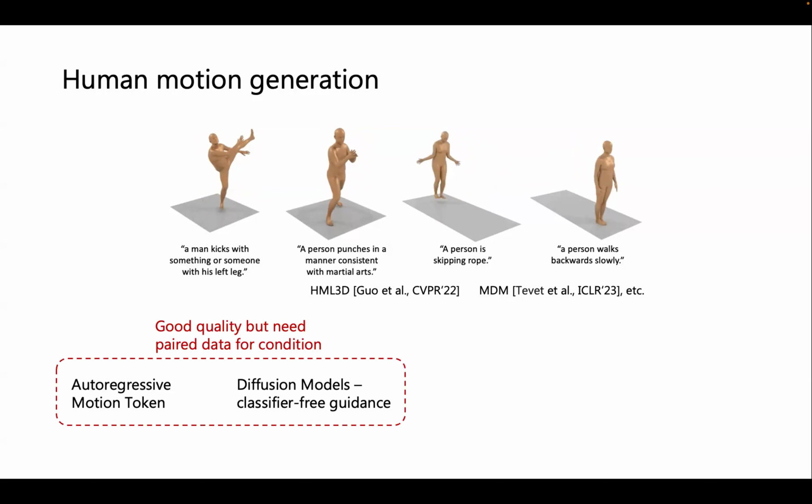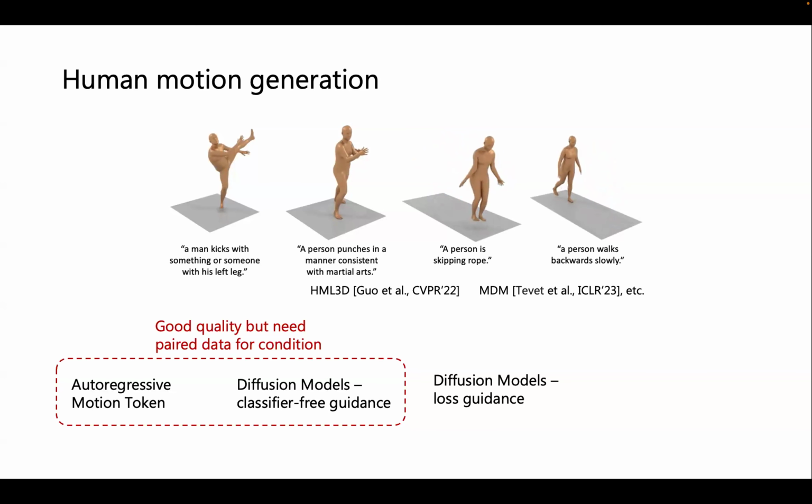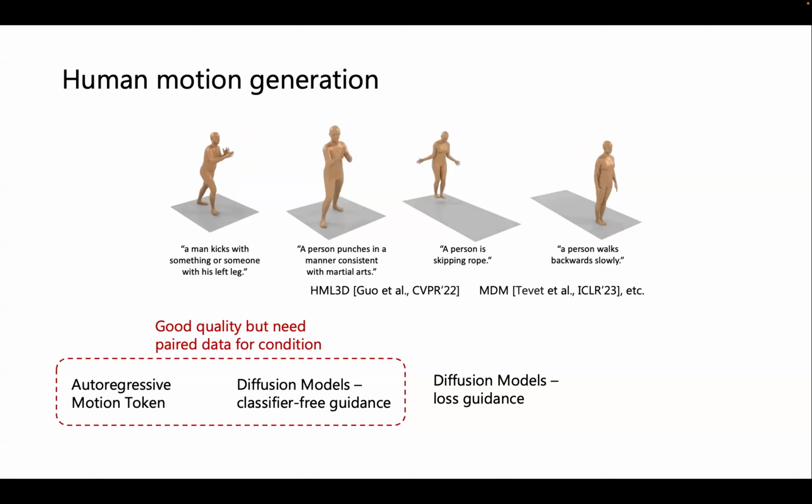And I think the advantage of this line of work, when you consider motion control, is they have good quality because you really have the paired motion data and control data, from which you can learn this conditional distribution. But it's also the problem: you need paired data for training such control models. Then there are also works on loss guidance, where you don't need lots of paired data.